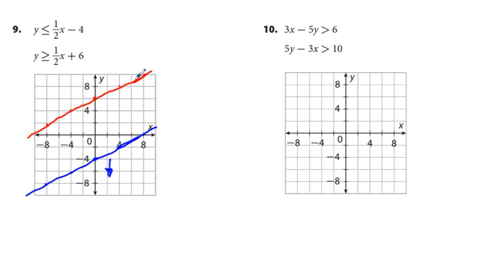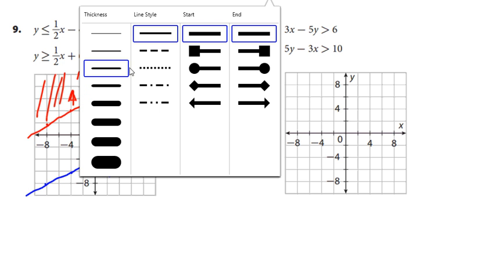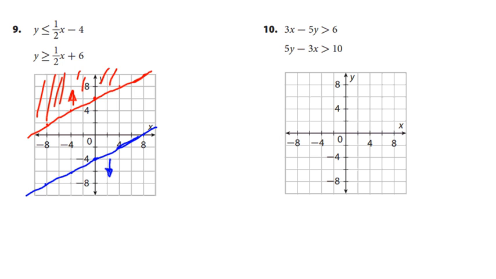And it's greater than, so now we have the shading above the red line. So we have our solution set up here for just this red inequality. And then we have below the other line.